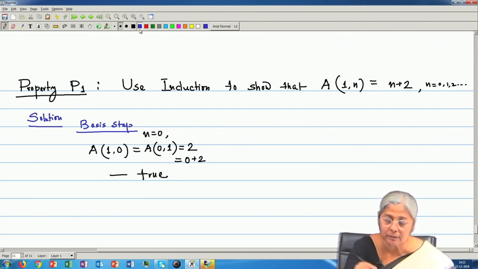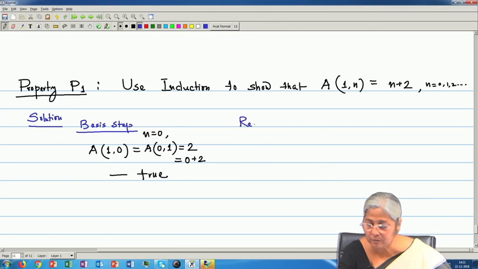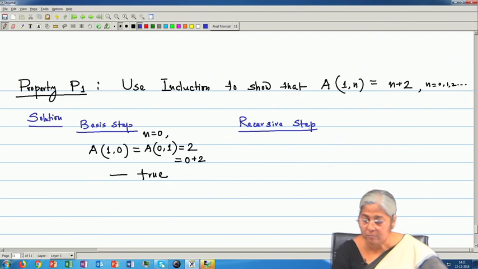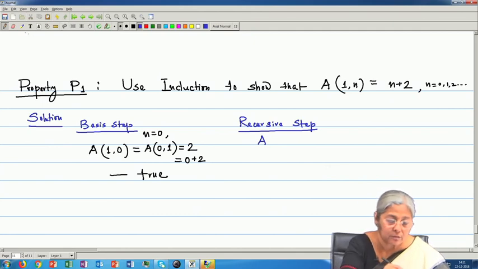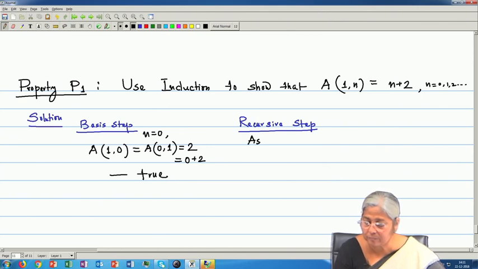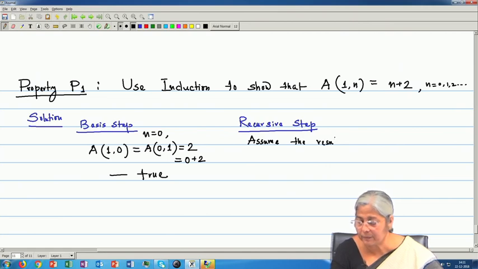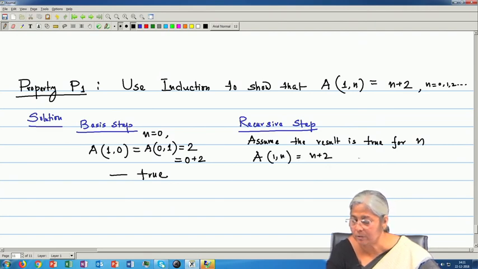Now, if we see the recursive step, we assume that the result is true for n, that means A(1,n) equal to n plus 2 is true.